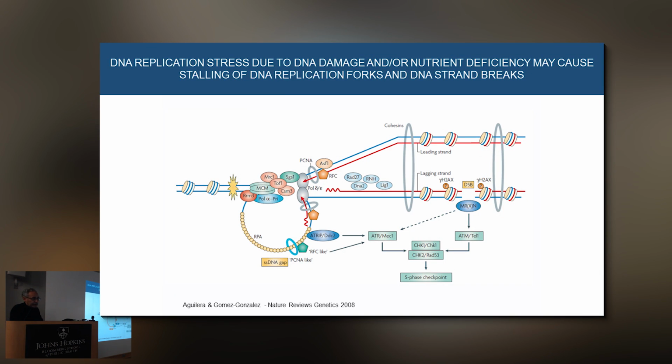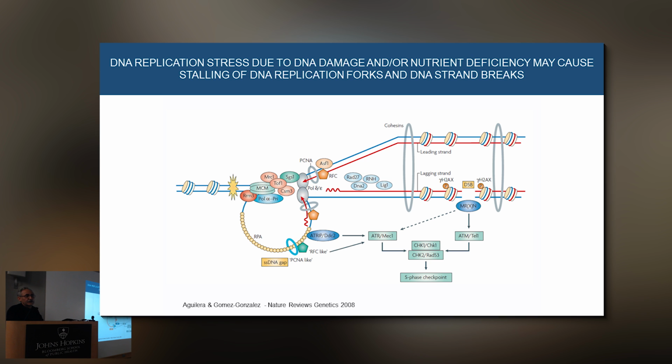Now, DNA replication stress can be due to DNA damage and or nutrient deficiencies, which cause stalling of the DNA replication fork. And the bases, for example, that are needed, such as thymidine, which is generated from uracil, are generated in a kind of just-in-time system as DNA is being replicated.